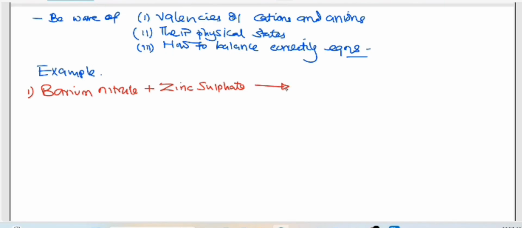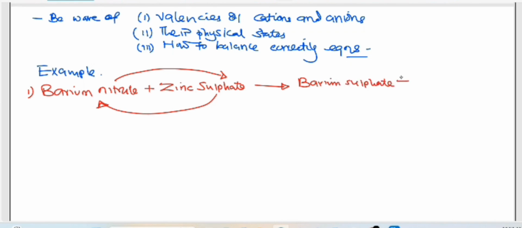We have been told that these ones will exchange their anions. So this one will go here and this one will come here. So what do we get? We get barium sulfate plus zinc nitrate. The first step is you write a word equation. That is step number 2.